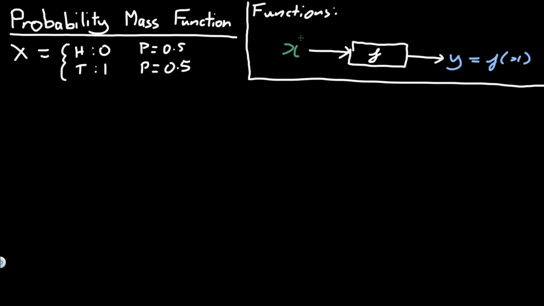So to really clarify that, let's draw this link here. So the x comes as the input as the argument, and the function itself comes as the function, I guess. Yeah. So let's try and take an example.